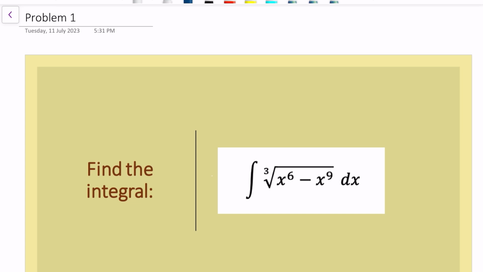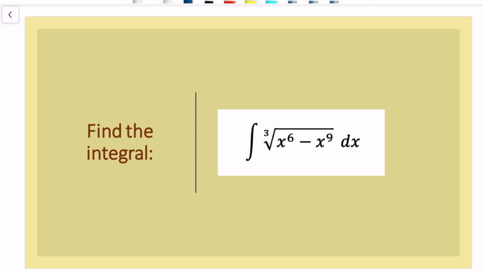So we could start with considering u is equal to x to the 6 minus x to the 9. And that makes the integral definitely simpler, because if we're integrating the cube root of the stuff underneath there, it becomes u. So that's a lot nicer. But the problem with this substitution is that the dx part, we also need to replace that dx.